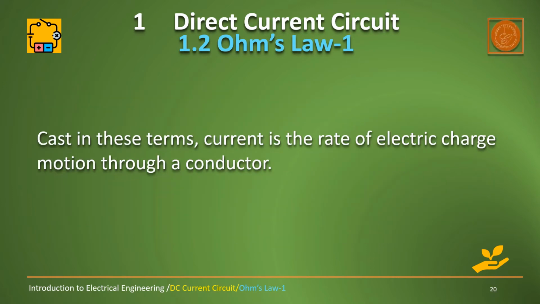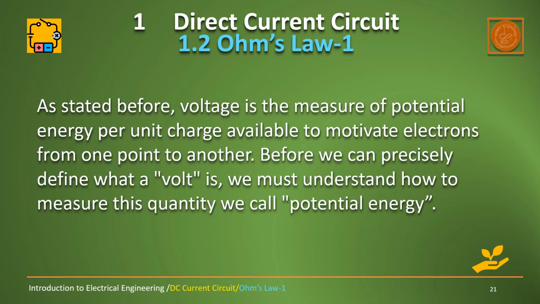Cast in those terms, current is the rate of electric charge motion through a conductor. As stated before, voltage is the measure of potential energy per unit charge available to motivate electrons from one point to another.